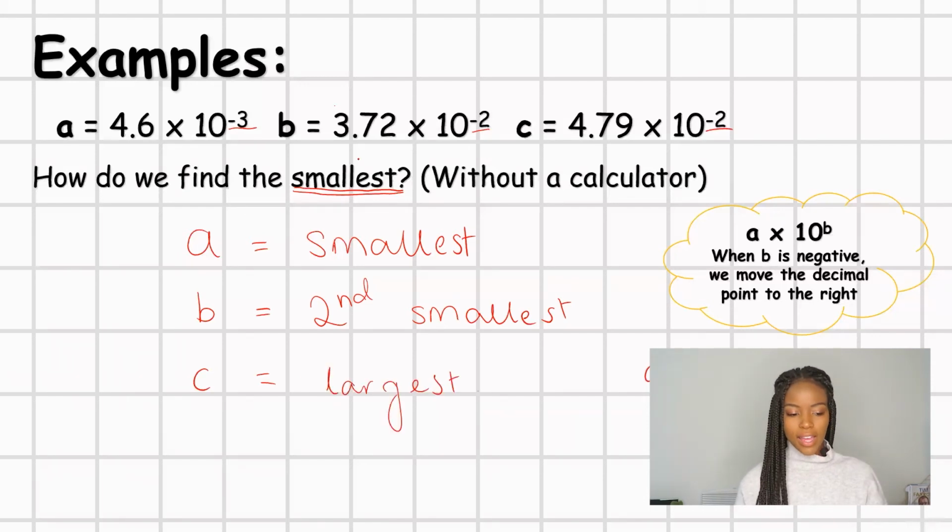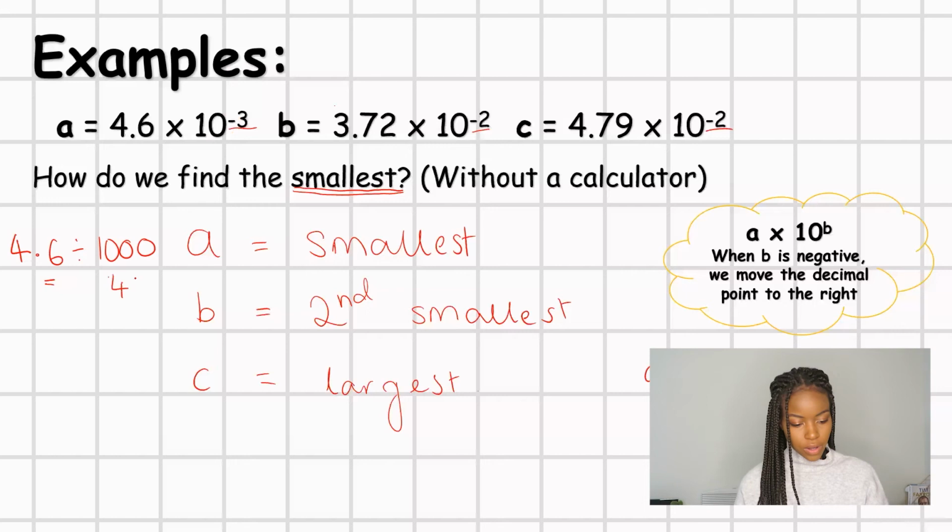We can work out the A by doing 4.6 times 10 to the -3. So if we're timesing by 10 to the -3, we're timesing by 1/1000, which is the same as dividing by 1,000, which is moving the decimal place 3 spaces to the left.